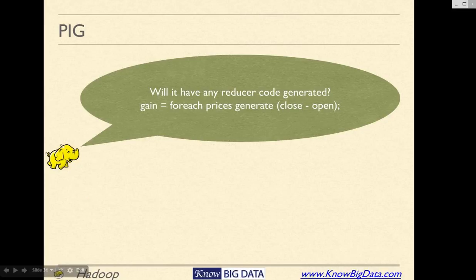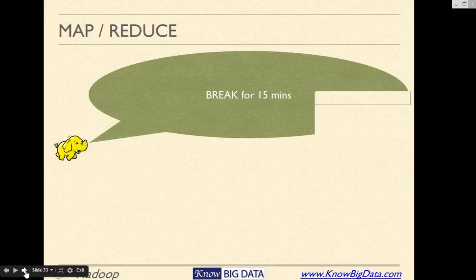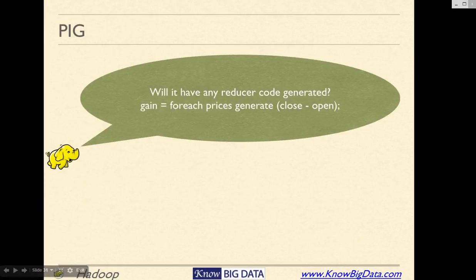Okay, yeah, we will discuss that. So what do you guys think? Will there be any reducer code generated in this case, for each prices generate close minus open?